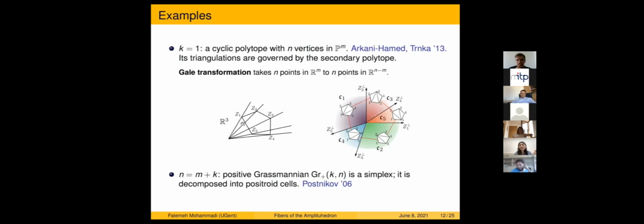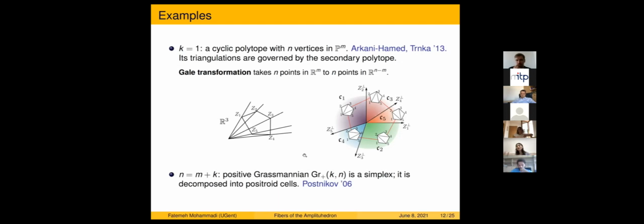Namely, you would take the vertices in R^m, and then by Gale transformation, you can convert them to endpoints in R^(n-m), which are the rays of this secondary fan. Then you look at different cones and different faces of this polyhedral fan, and these encode all these subdivisions, and also show how these subdivisions are related to each other. So you can basically move from one maximal cone to another one by flipping some of the triangles.